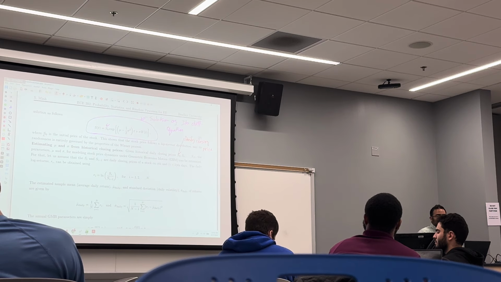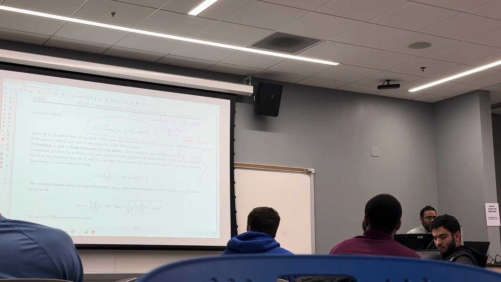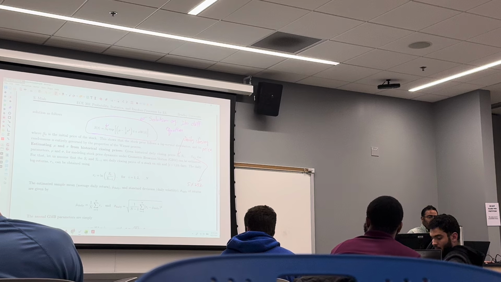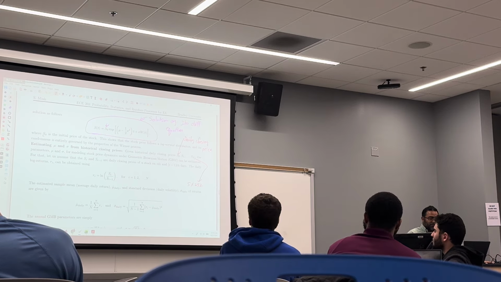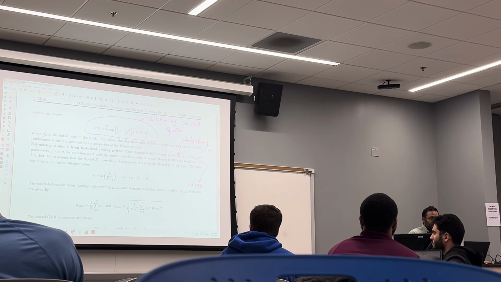S_0, S_1, dot dot dot, S_n, where n for 5 years is 5 times 252, since there are 252 trading days in a year. So you have this many closing price data. The parameters mu and sigma for modeling stock price dynamics under geometric Brownian motion can be estimated.